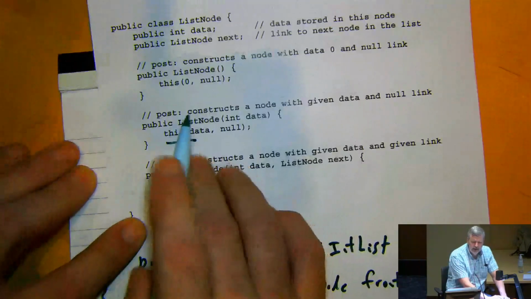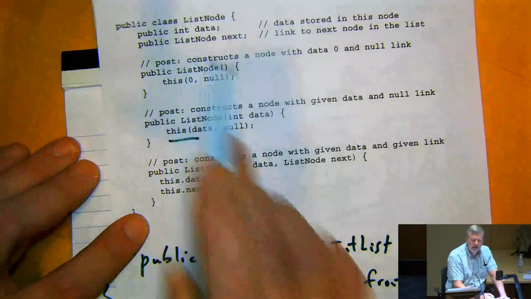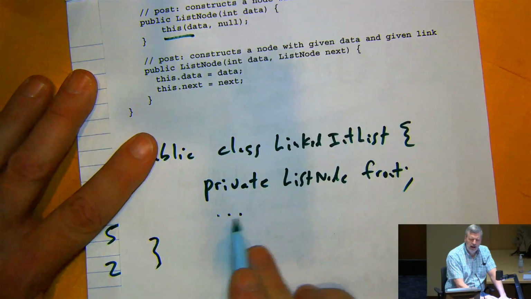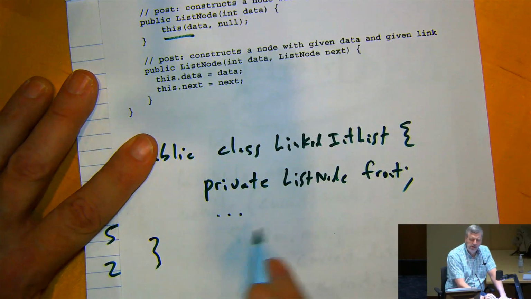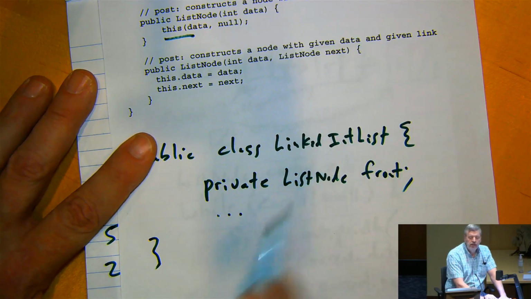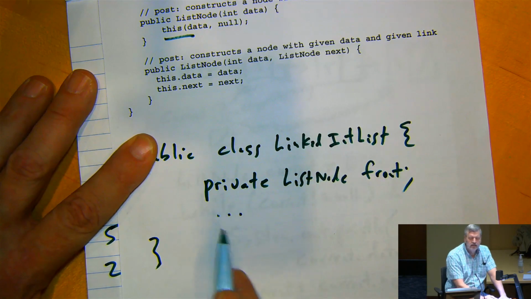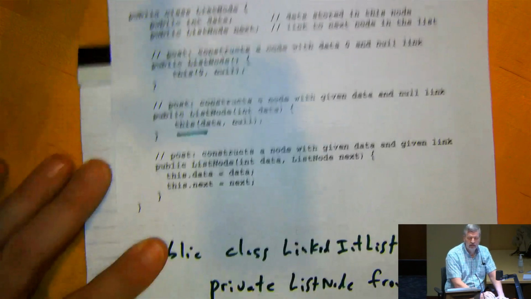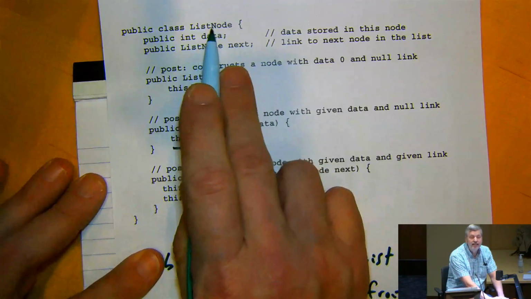Now, let me say a little bit about what's going on with these public fields. We're going to have a bunch of public methods here that a client would use when working with a linked int list. We are going to make sure that none of those public methods allow a client to access a node. The client won't even know that this list node class exists.